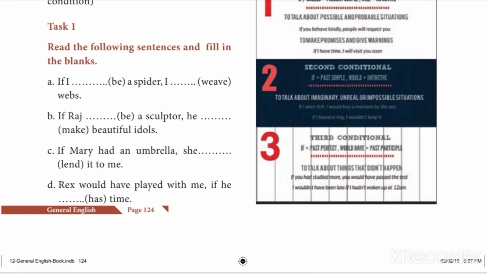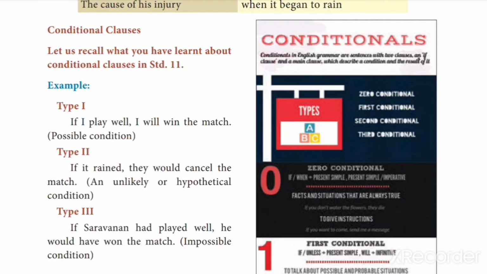And let's see something more on the left side as examples. Here on the left, we find the topic conditional clauses, and the instruction is, let us recall what you have learned about conditional clauses in standard 11. Type 1, if I play well, I will win the match. It is to express possible condition.